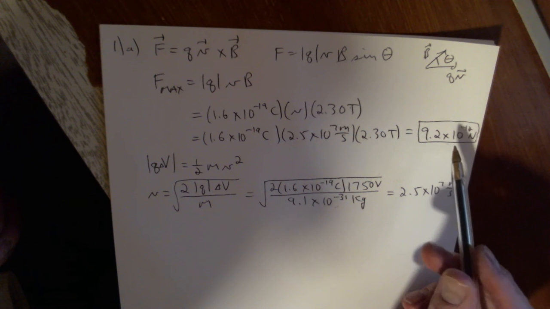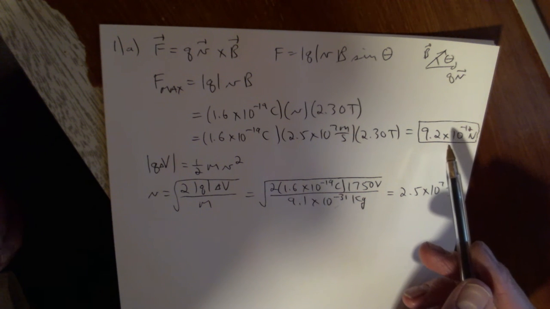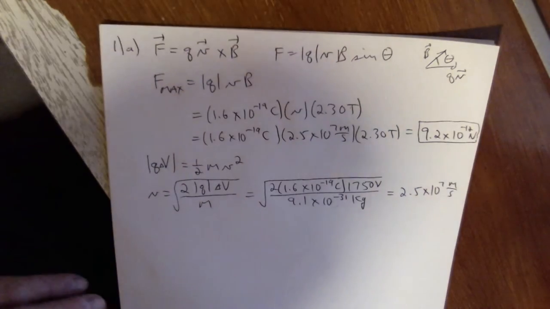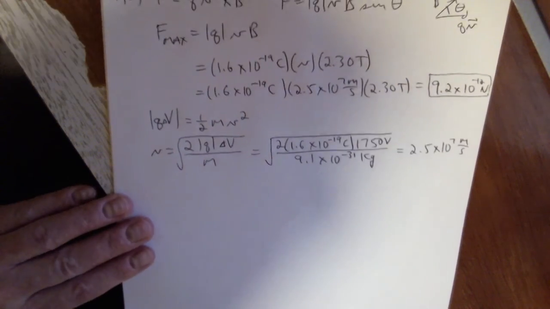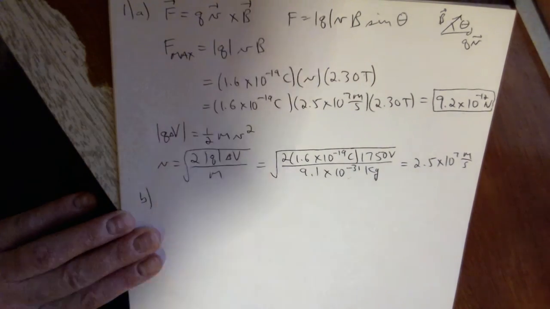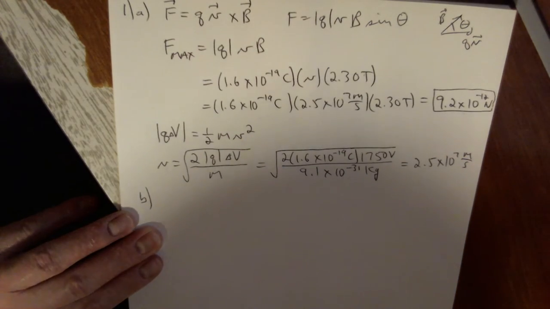So this force, which is a small number of newtons, corresponds to something like 10 to the 19 meters per second squared. So it's a big force for a small thing, resulting in a big acceleration. So that's the maximum value of the magnetic force.